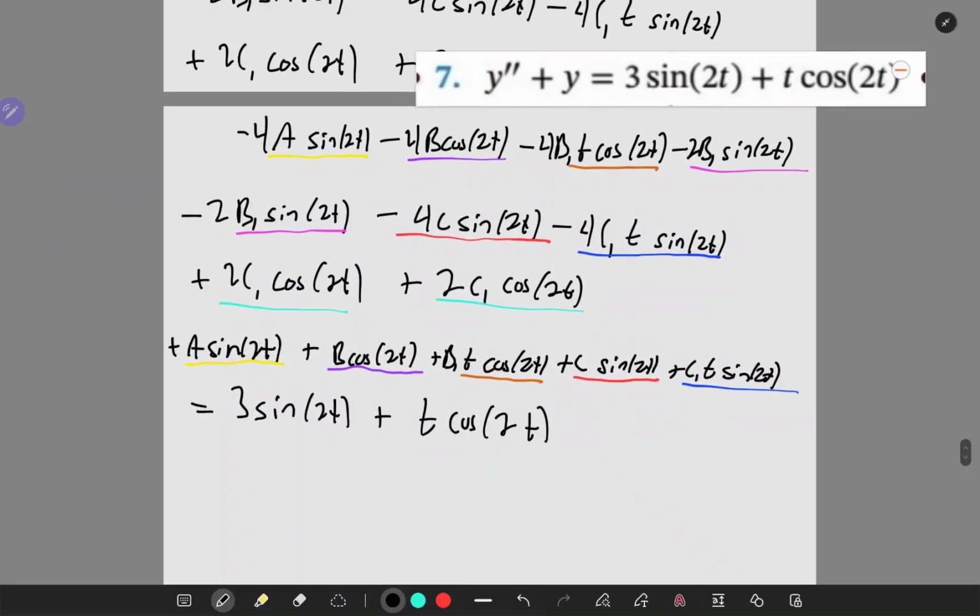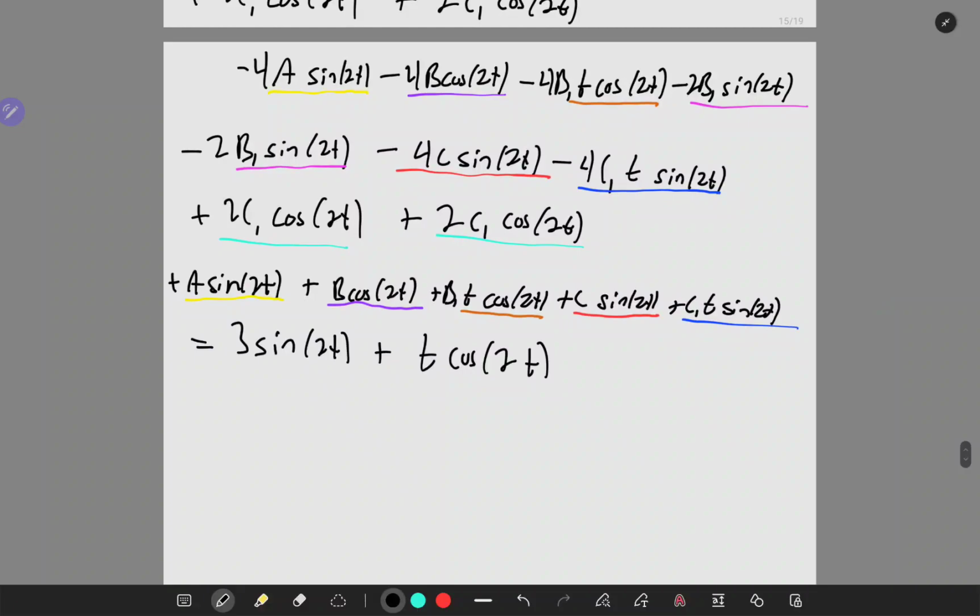So we have -4 plus 1 would be, I don't need this anymore. That would be -3a sine of 2t. Now I'll cross out the ones I'm done with. Okay. Now let's look at the purple ones. So we have -4 plus 1 again. So -3b cosine of 2t.